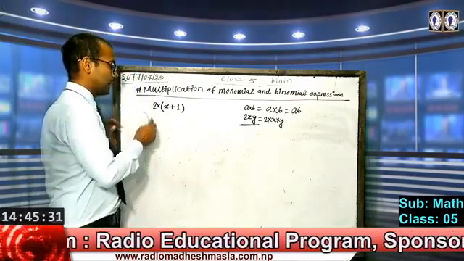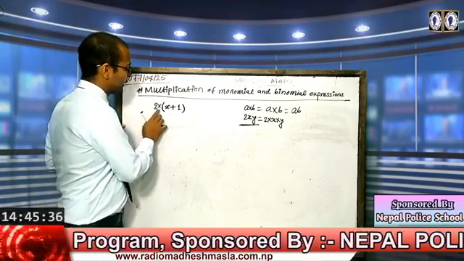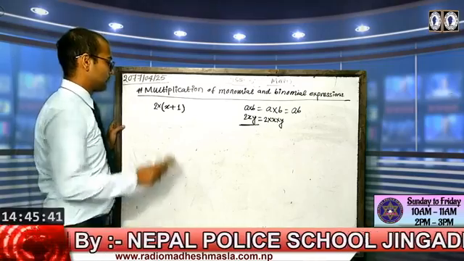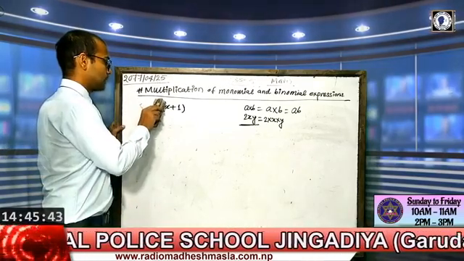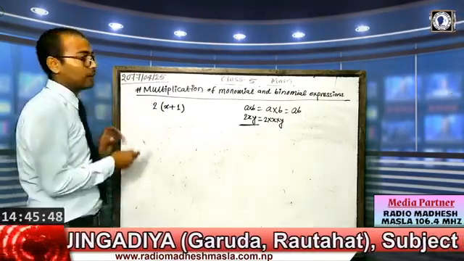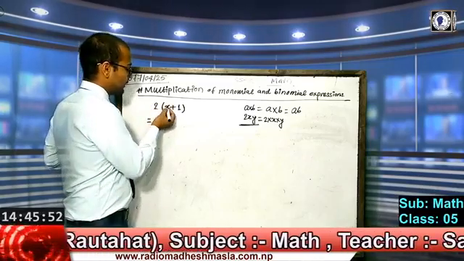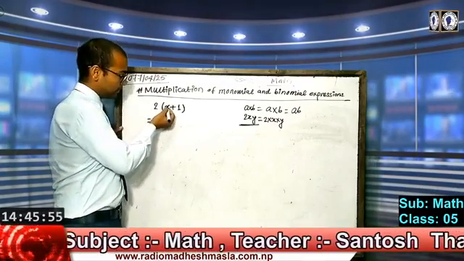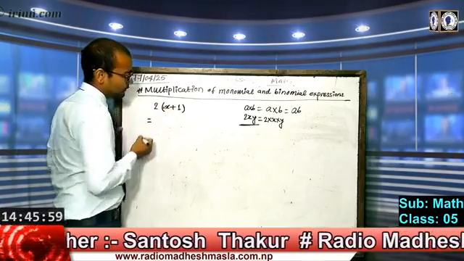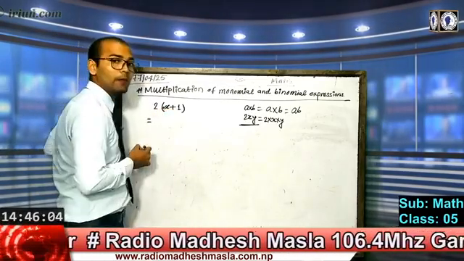So here also we have 2 into (x plus 1). We read it as 2 into x plus 1. Before multiplication, we should distribute the number in this way. In front of x there is no sign, which means plus sign.